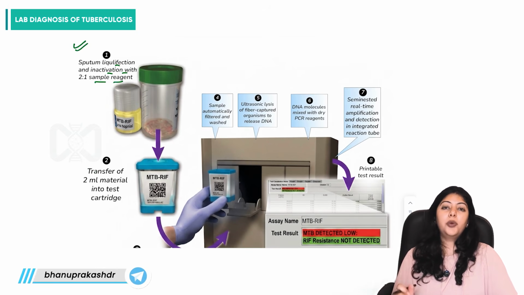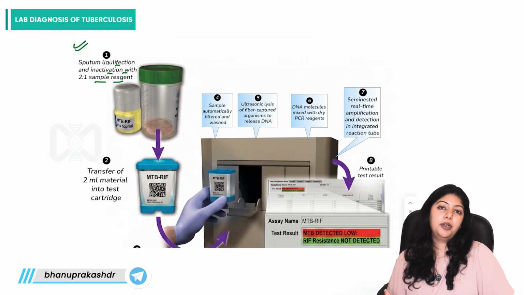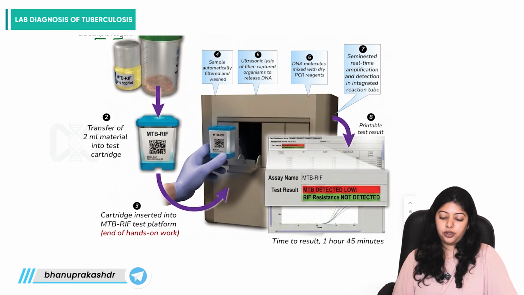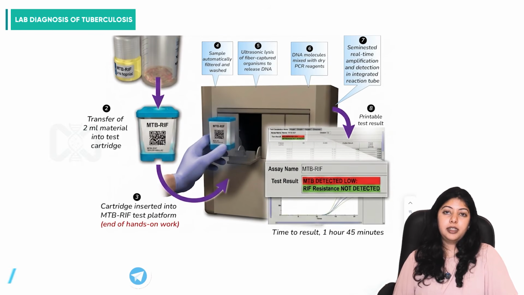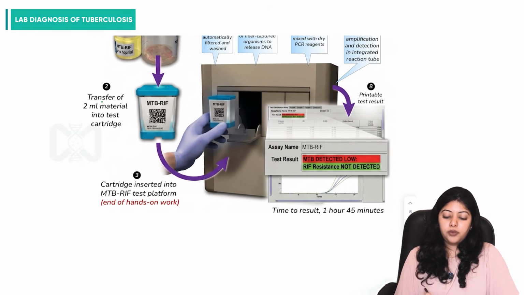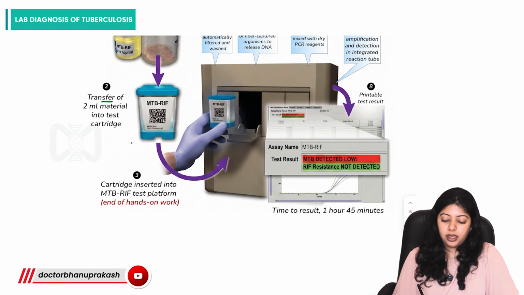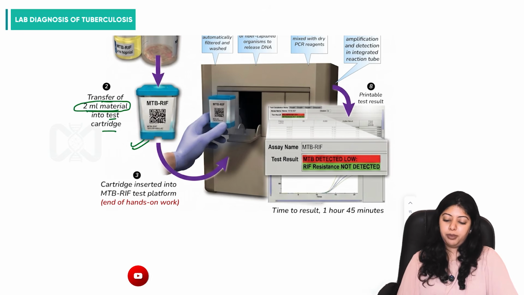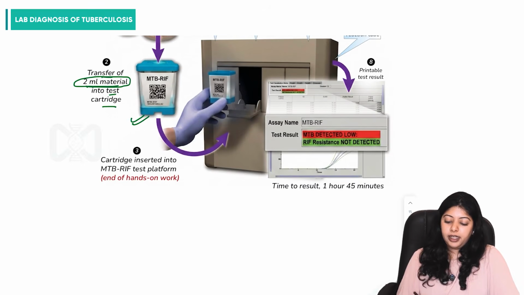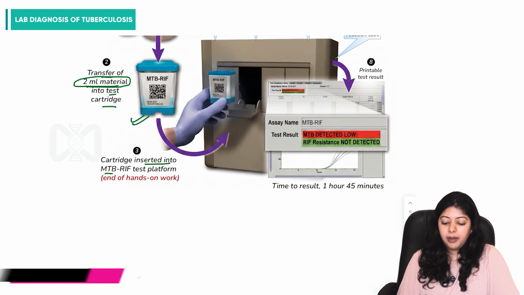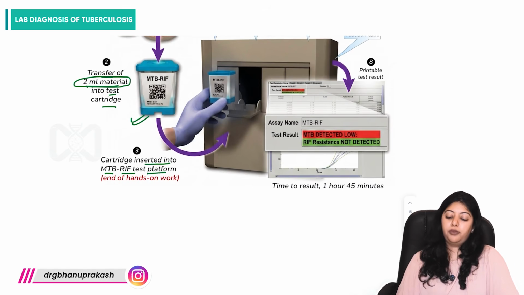It is a 2:1 ratio, 2 parts sample and 1 part reagent. We mix it, and then transfer this mixture into the test cartridge which comes along with the machine itself. We transfer around 2 ml of sample, and then the cartridge is inserted into the MTB-RIF test platform. RIF stands for rifampicin resistance.